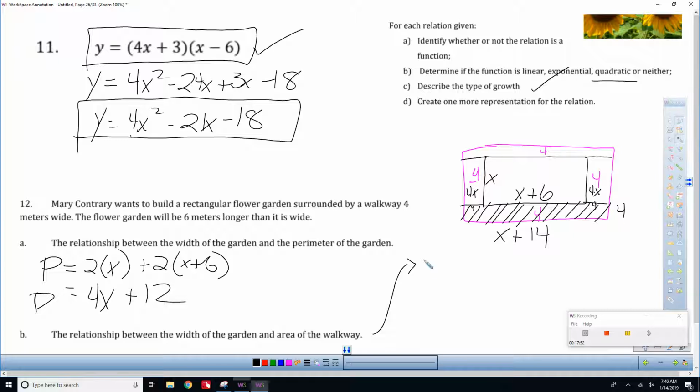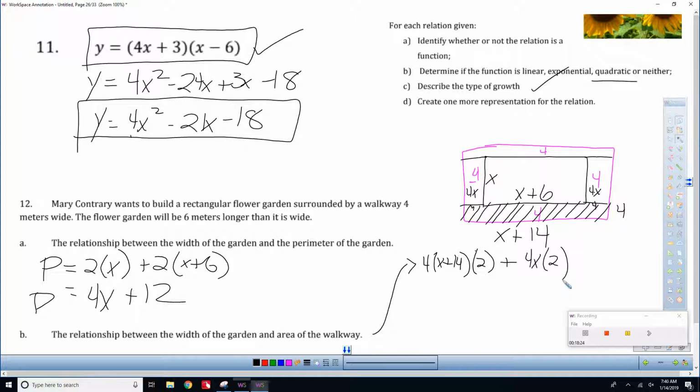So the area of the walkway would be 4 times x plus 14 times 2, because there's 2 of those, plus 4x times 2.